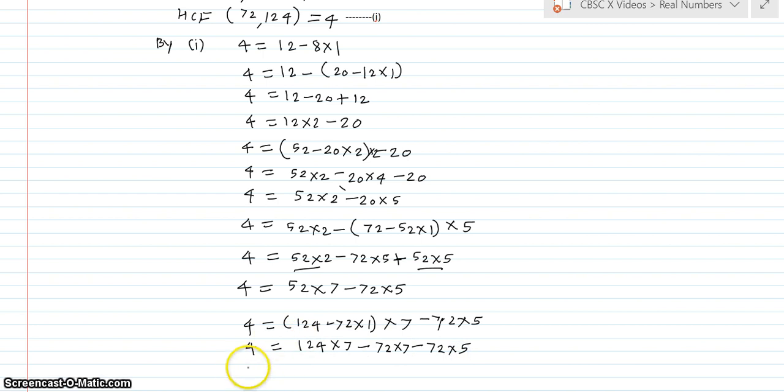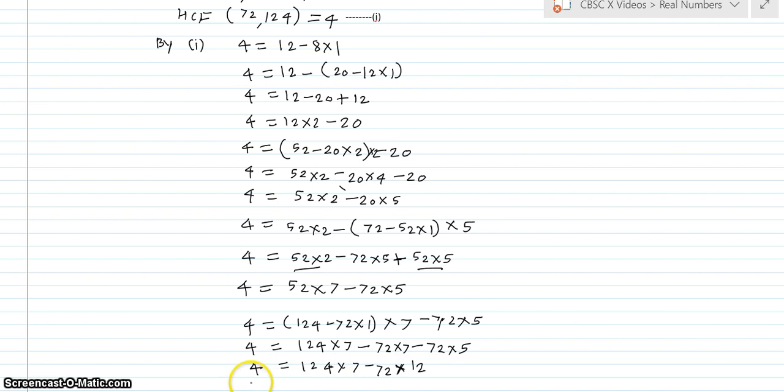So we can write like this, 4 is equal to 124 into 7 minus 72 into what, 7 plus 5, 12. This is into 12. So we can write this 4 as a linear combination of 124 plus minus linear combination of 72.